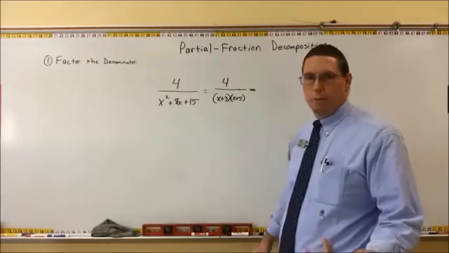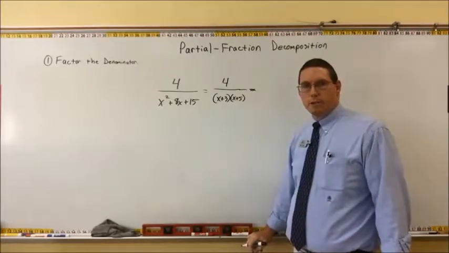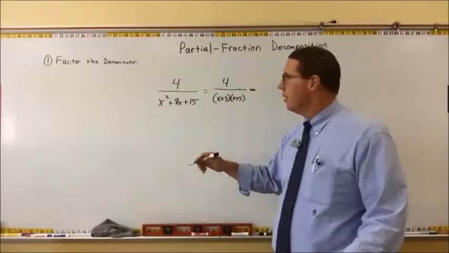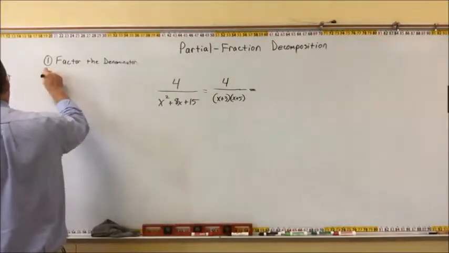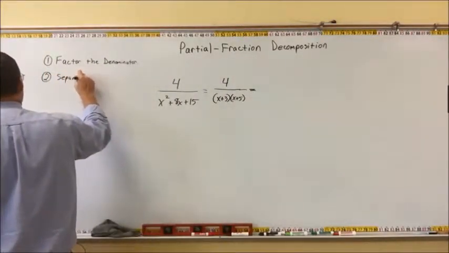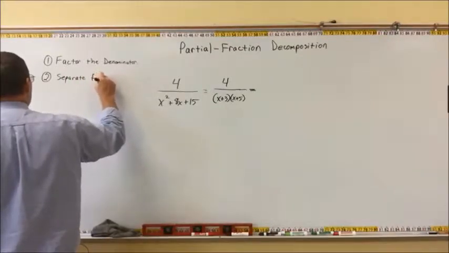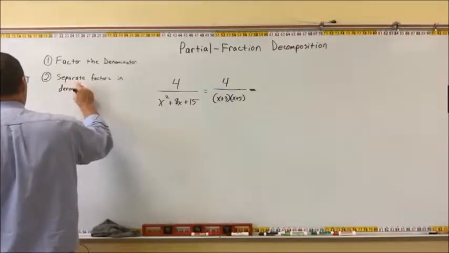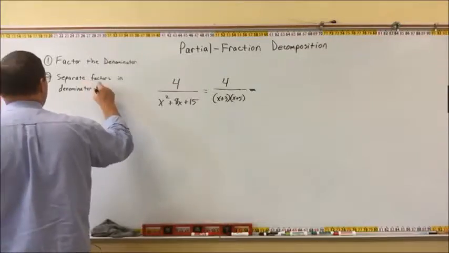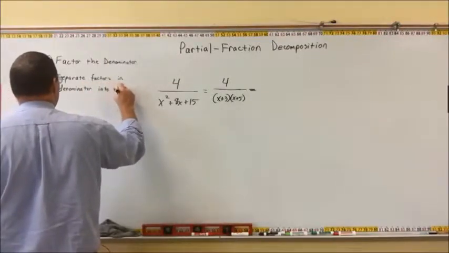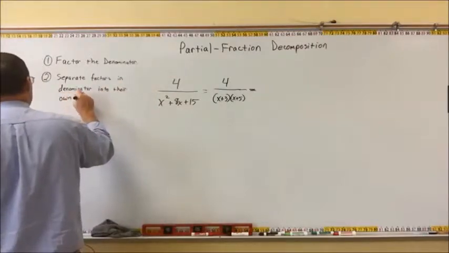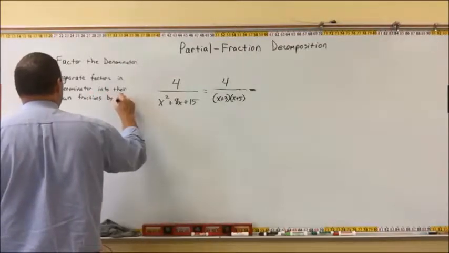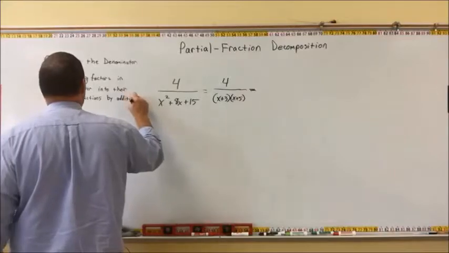It can get a little more complicated with more complicated rational expressions, but you're basically going to separate the factors in the denominator into their own fractions by addition, meaning you're going to put a plus sign in between them.